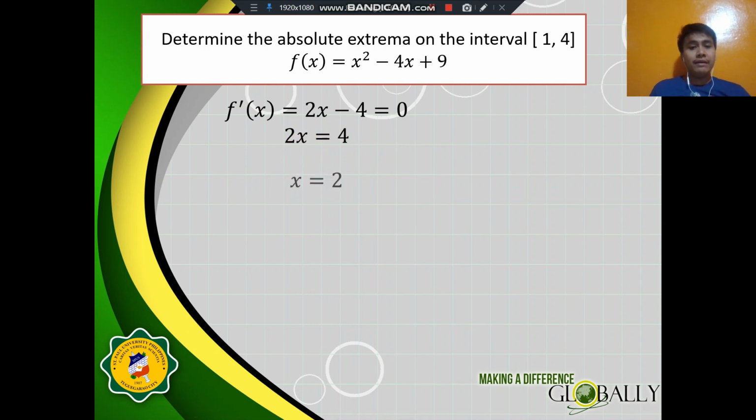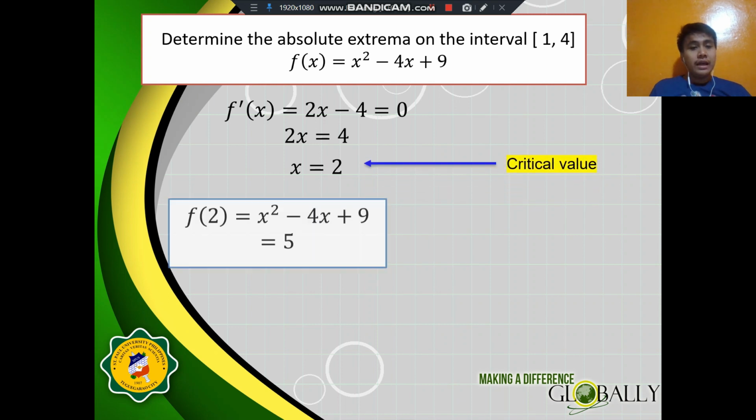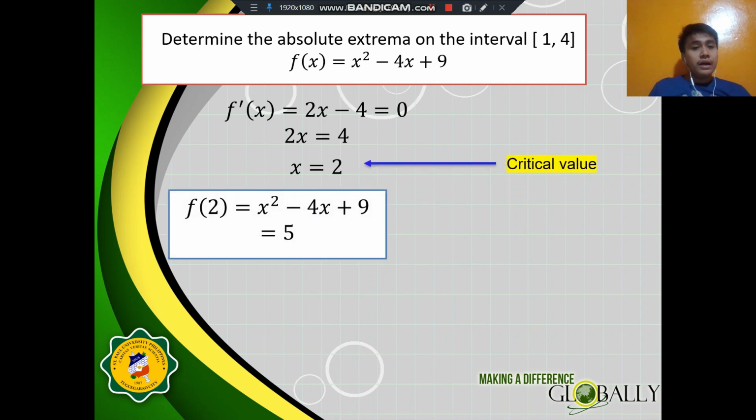So now we have x is equal to 2, and this serves as our critical value. Now, to determine the absolute extrema, we need to evaluate the given function using the critical value and the two endpoints, which are 1 and 4.